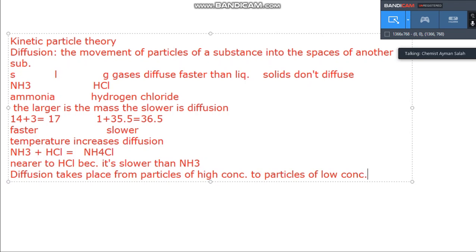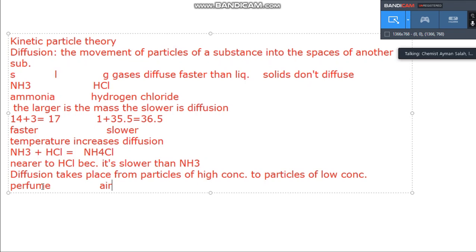For example, if you have perfume and air, which one has higher concentration? Perfume or air? Perfume, of course.